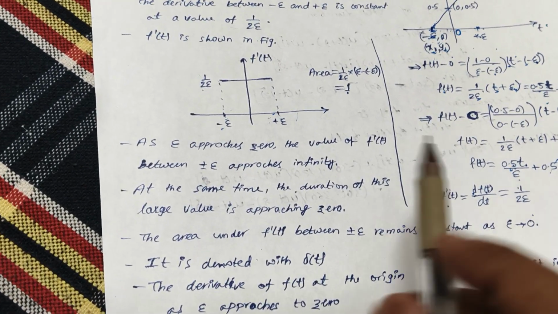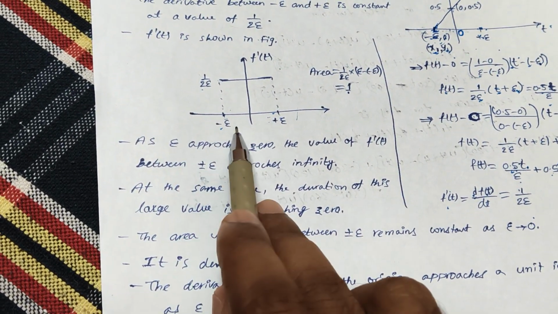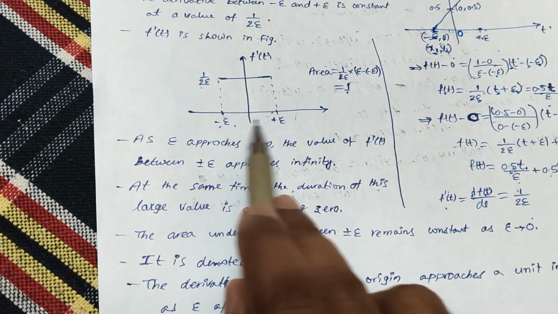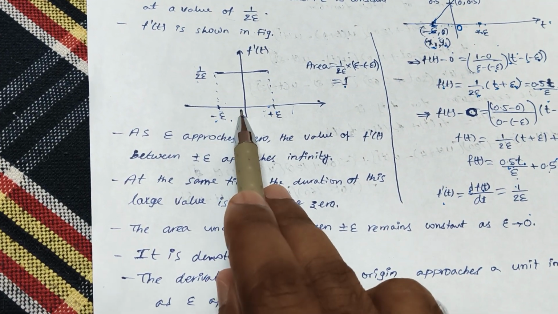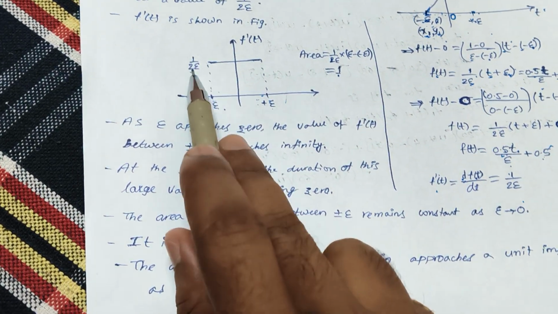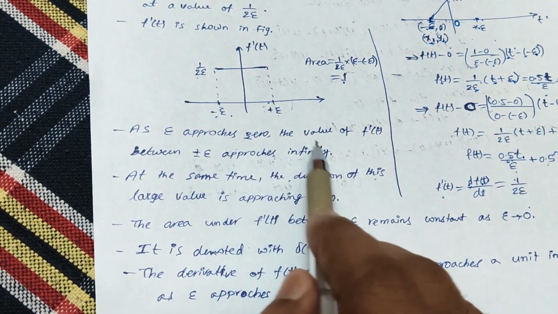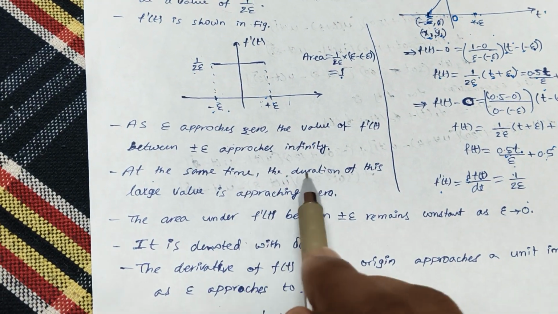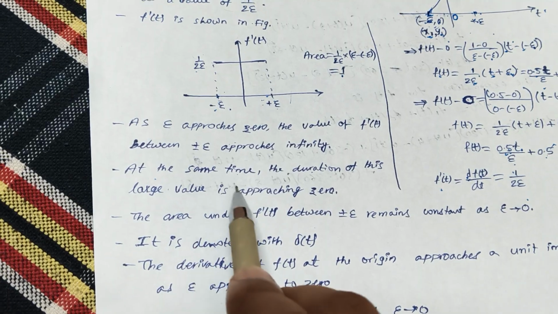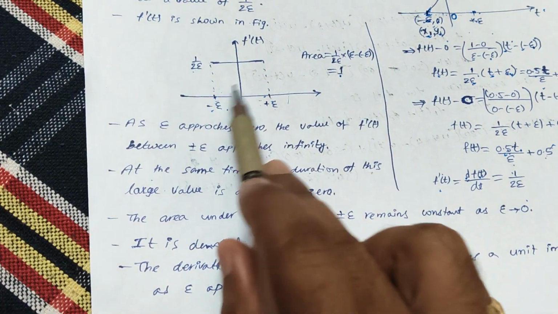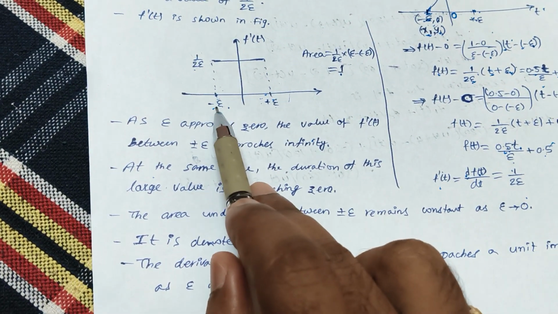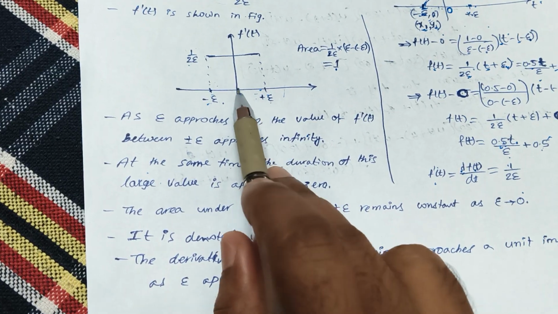Here are a few observations. When epsilon approaches 0, 1 by 2 into 0 means the magnitude will reach infinity. At the same time, the duration of this large value approaches 0. When epsilon tends to 0, minus epsilon goes to 0 and epsilon also goes to 0.